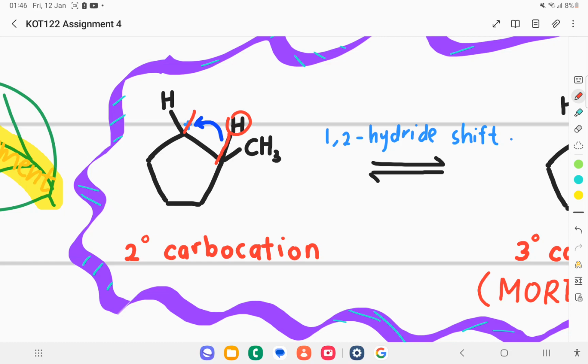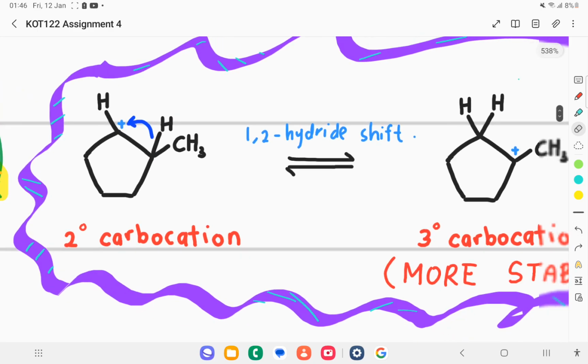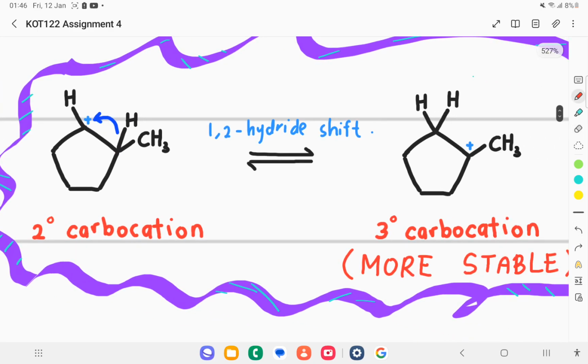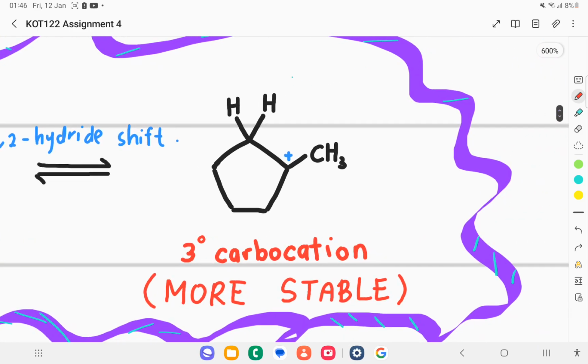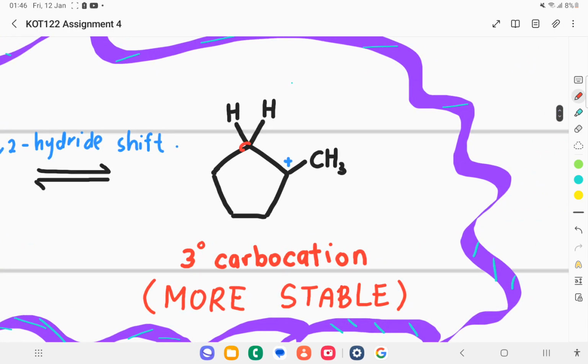And then next, what happens is that this will become CH2, already octet. But now this carbon is not octet, there is only 2, 4 and then 6.